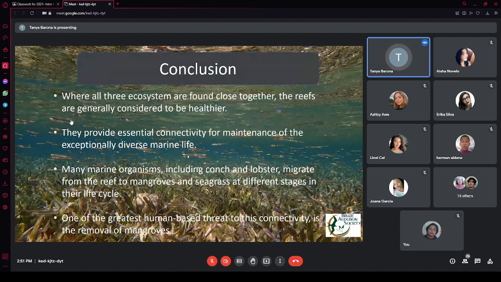Other than that, the nursery areas for these organisms are uninterrupted. If you have fewer waves coming in, you have a better population and better species diversity. So coral reefs are important to buffer that wave action to protect the mangroves behind.